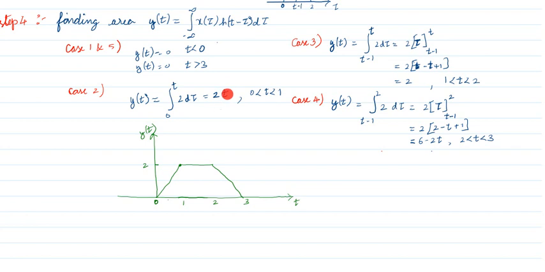So how to plot it? You can take samples. First you put t as 0 here. T as 0 means 2 into 0 gives 0. Then instead of t as 1 you can put 0.5 as another sample. We will get 2 into 0.5, which is 1.